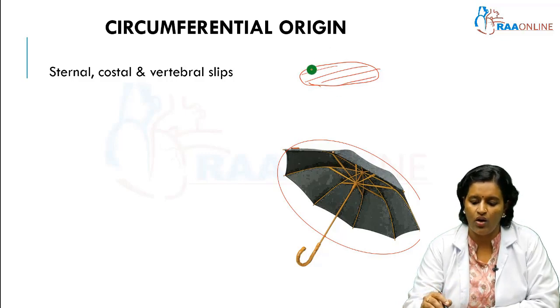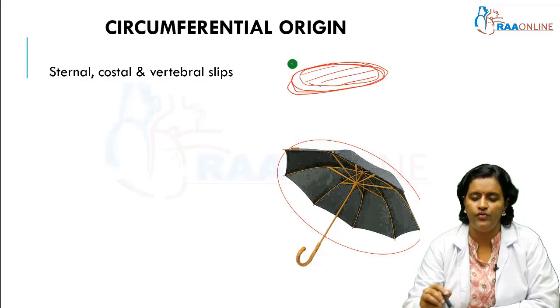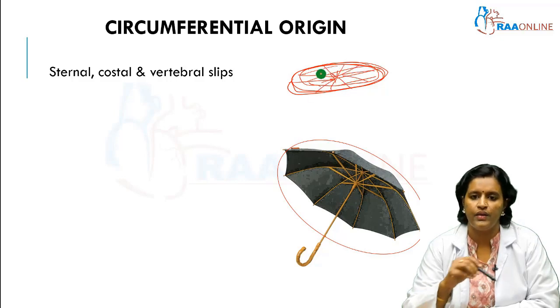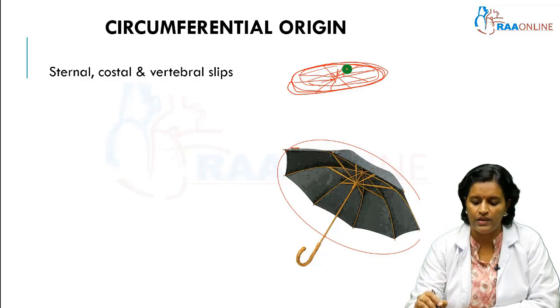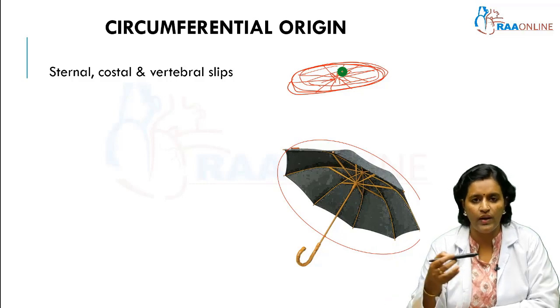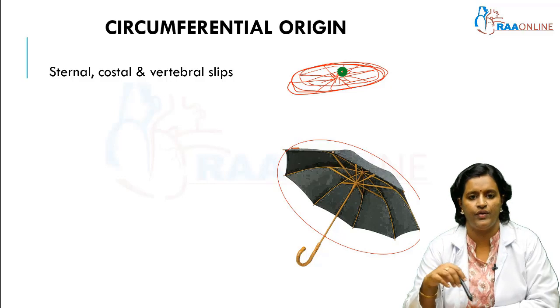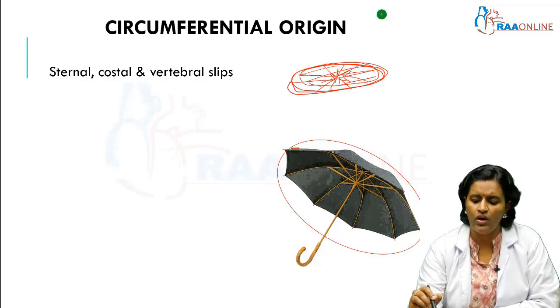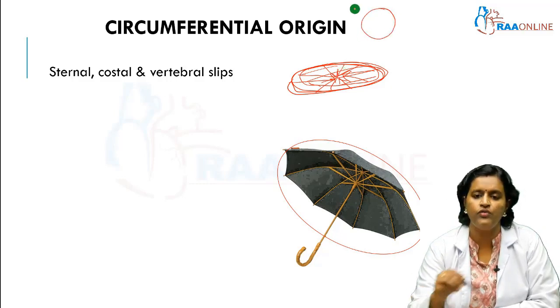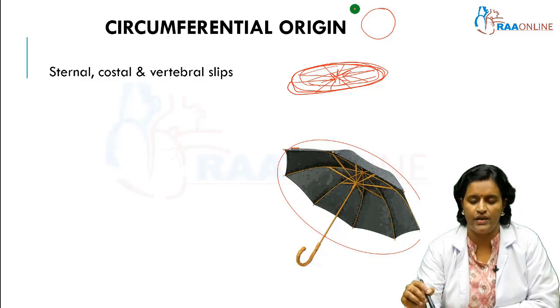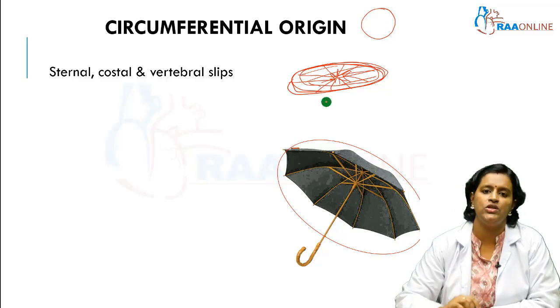The fibers take origin from the periphery, and the fibers move inside to get attached to the tendon in the central part of diaphragm. So, what do we call the outer margin of a circle? It is the circumference. So, the fibers have a circumferential origin.